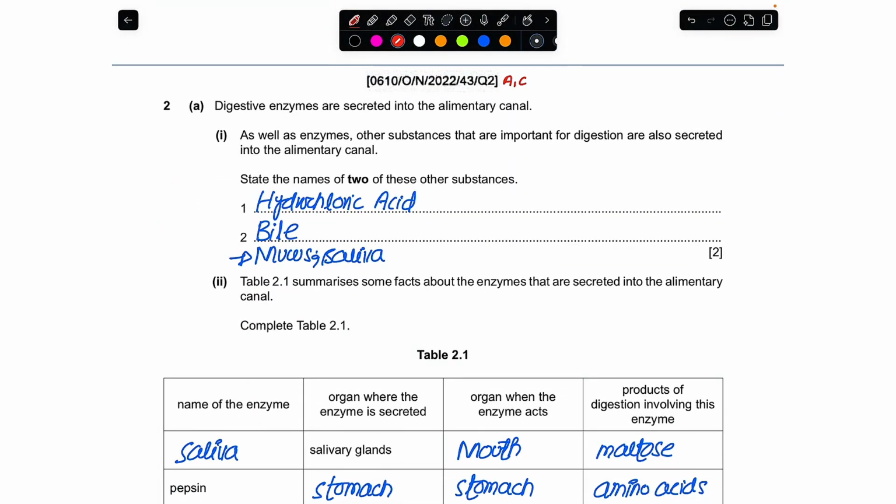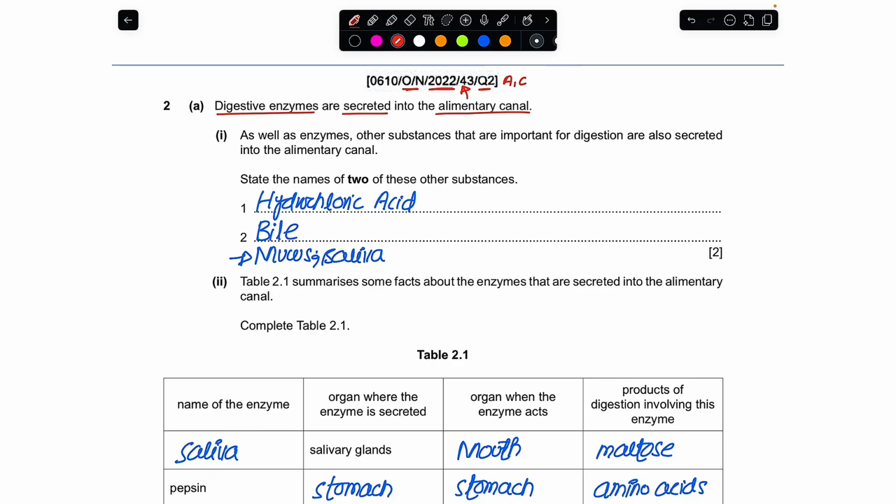Coming here to October/November 2022, the theory paper variant was 4.3, and for your exam this was question number 2, but its parts A and C were associated with the nutrition in humans chapter. What they are telling us is that the digestive enzymes are secreted into the alimentary canal, and we know why they are secreted: so that they can break down the large complex food substances into smaller ones.